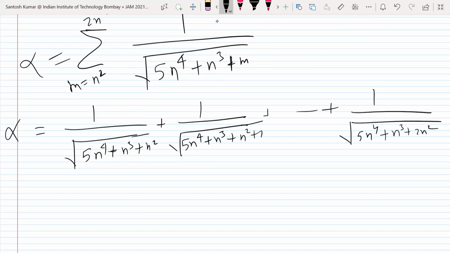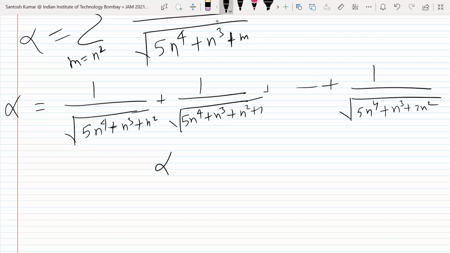So in that case, you can simply see n square plus 1 is more than n square, n square plus 2 is more than n square, and so on up to 2n square.